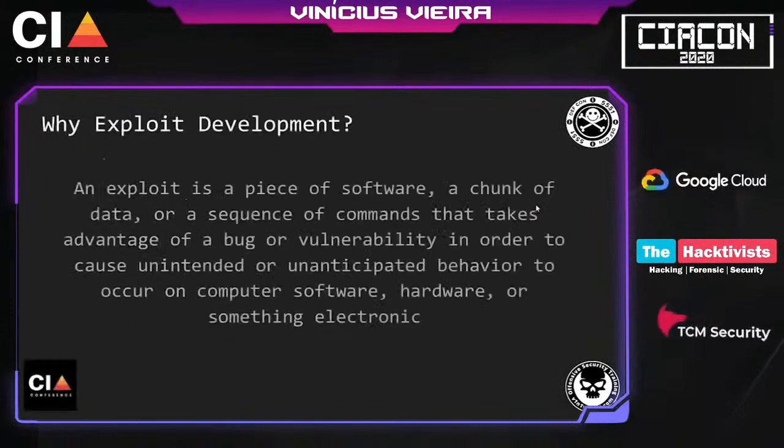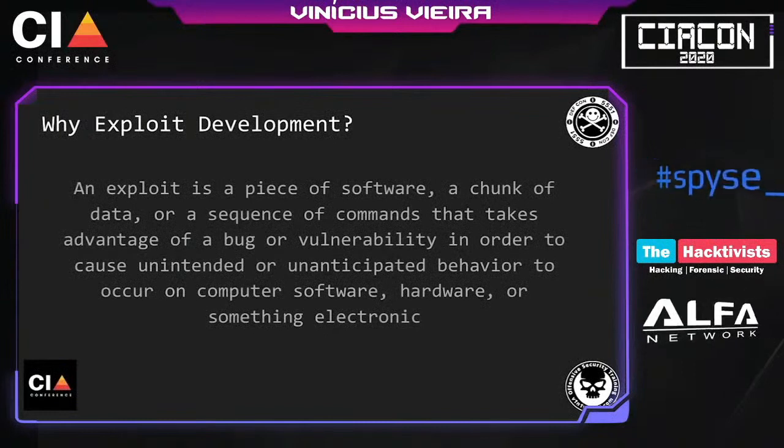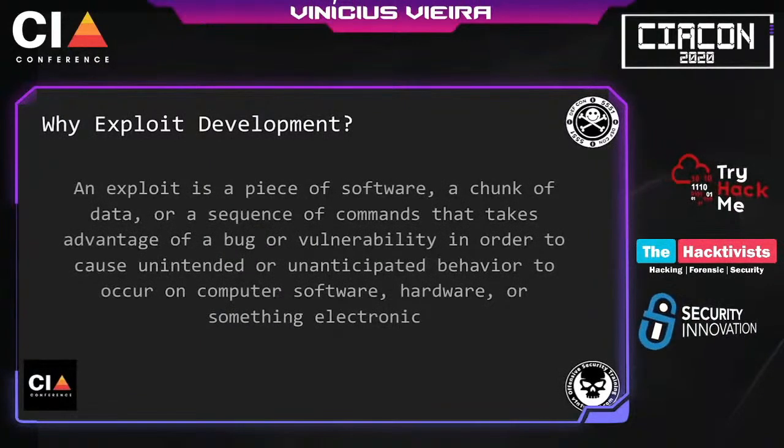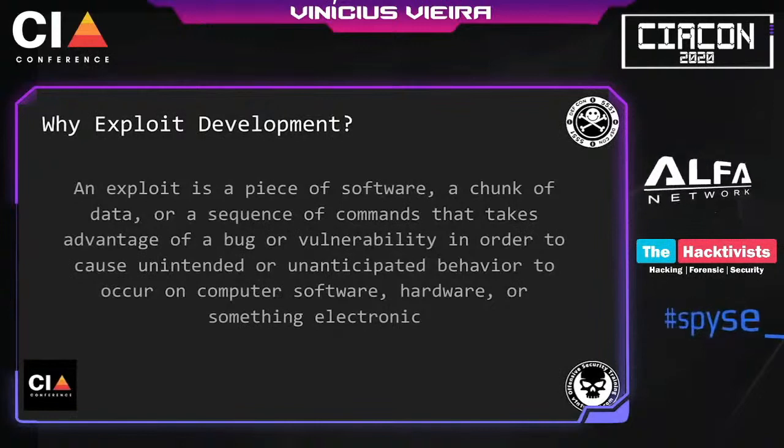But first, why exploit development? An exploit is a piece of software, a chunk of data or a sequence of commands that takes advantage of a bug or vulnerability. That is, an exploit is an automated way to exploit a vulnerability.